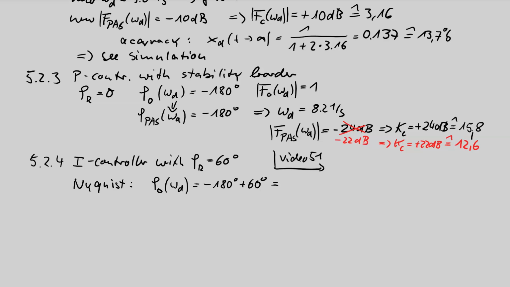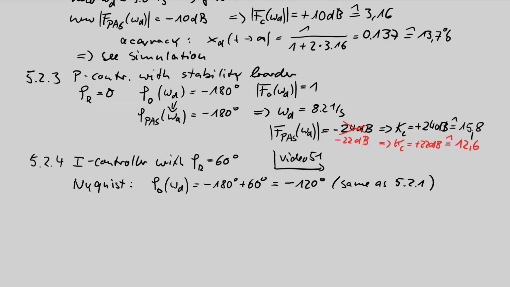So we have now the situation that the open loop phase at omega d is minus 120, unchanged, same as 5.2.1 P controller.